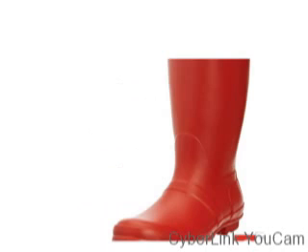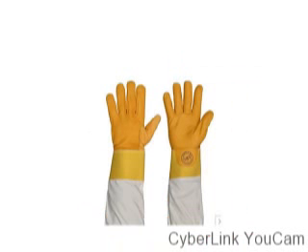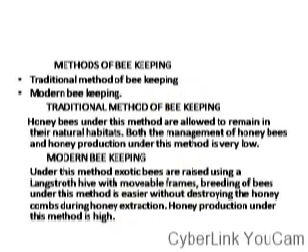And protecting the leg, we have what we call the rain boots, or the boots that will be worn on the leg to protect the leg. Then we have the hand glove to protect the hand during harvesting, to prevent stinging by the bees.